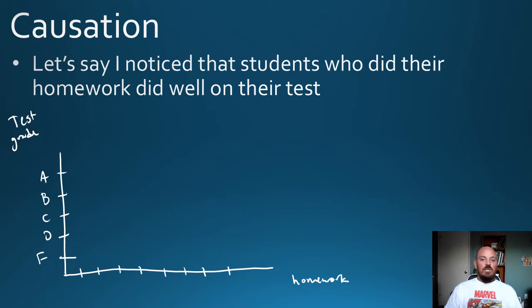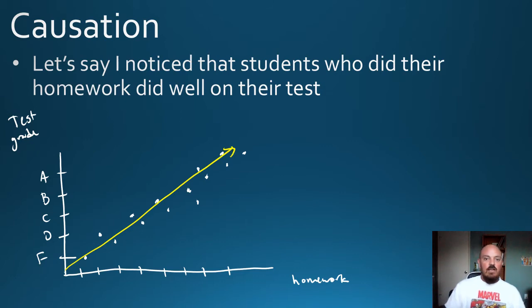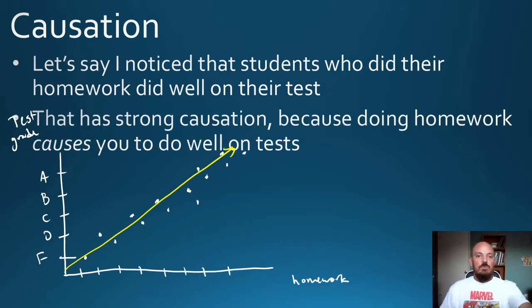So if I started plotting points on this, and the points looked kind of like this, then you could draw a best fit line through those that kind of looks like that. And you might say to yourself, that has what we call strong causation because it wasn't a coincidence.